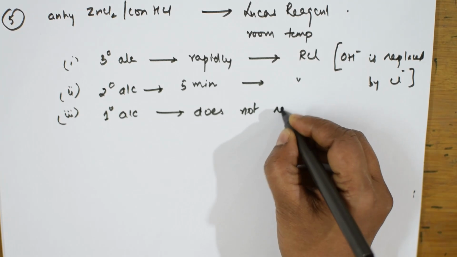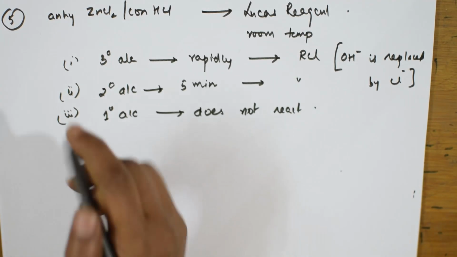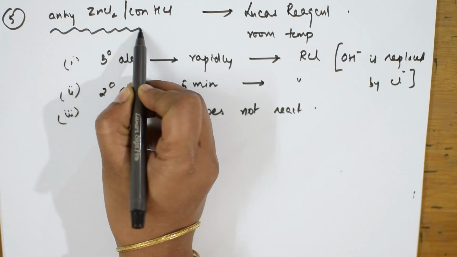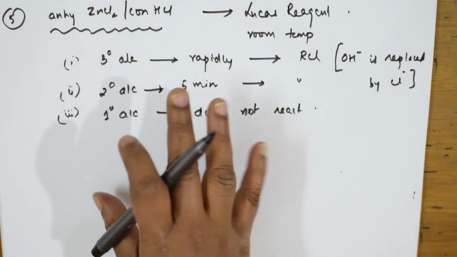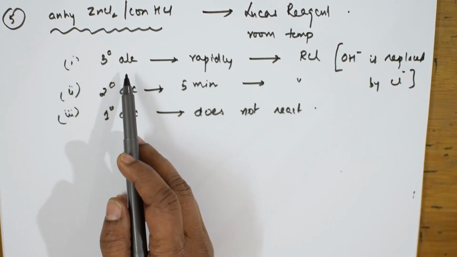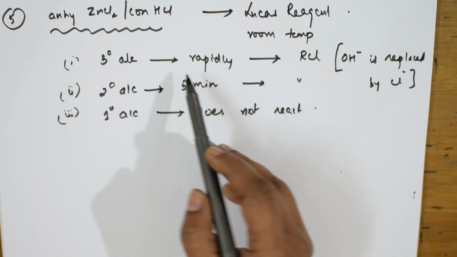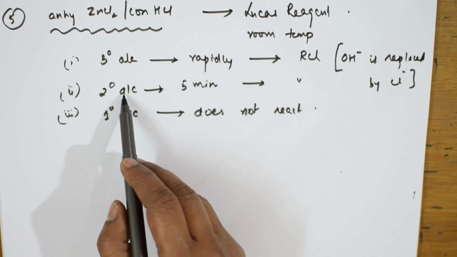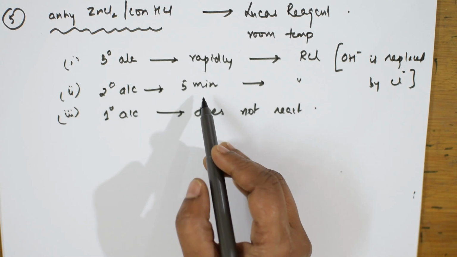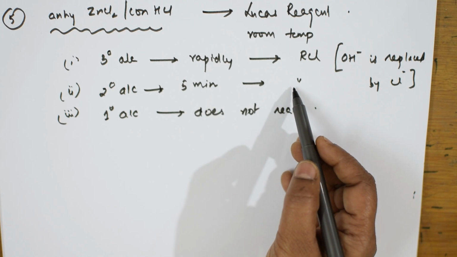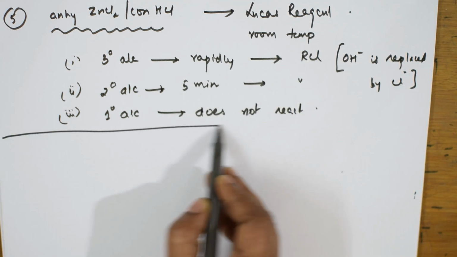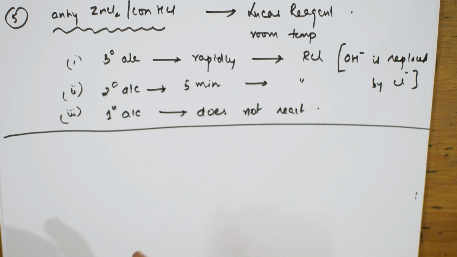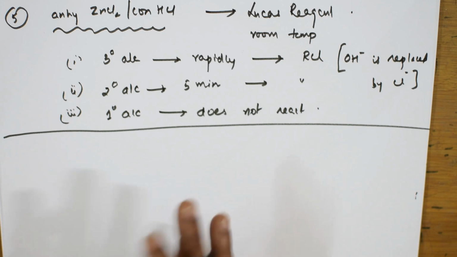So whenever you see this reagent, the only thing you have to do: if a tertiary alcohol is given, form the product and say it reacts rapidly. If a secondary alcohol is given, write that it reacts in 5 minutes and then gives this product. And for a primary alcohol, you will just write that it does not react. That's over, students. Right.